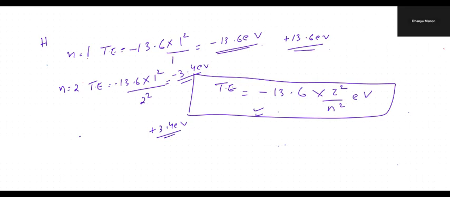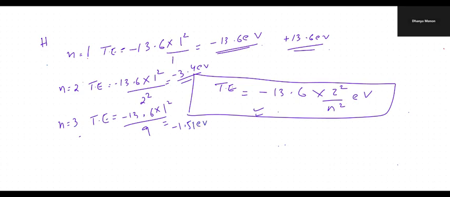Similarly, for the third shell, the total energy is minus 13.6 times 1 by 3 square, that is 9, which comes to minus 1.51 eV.